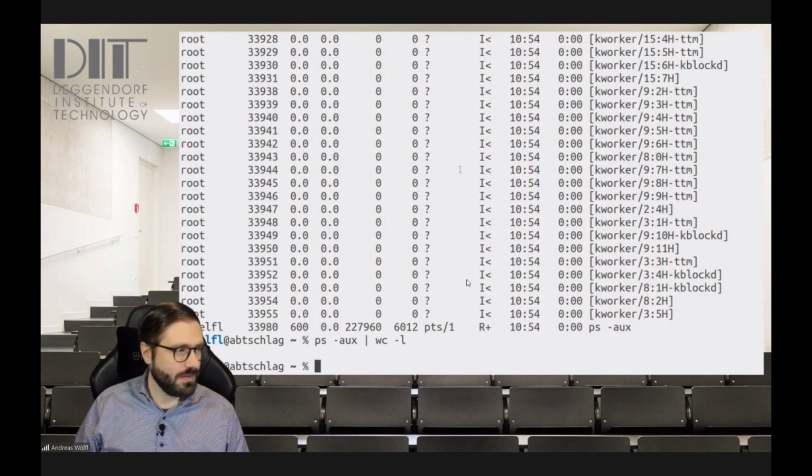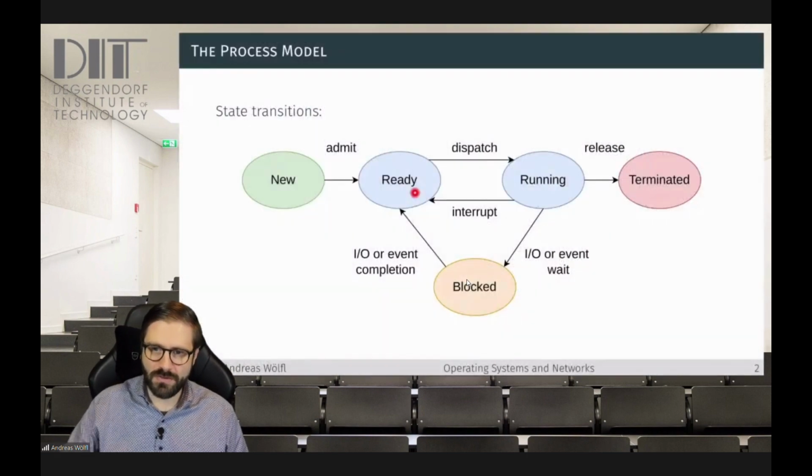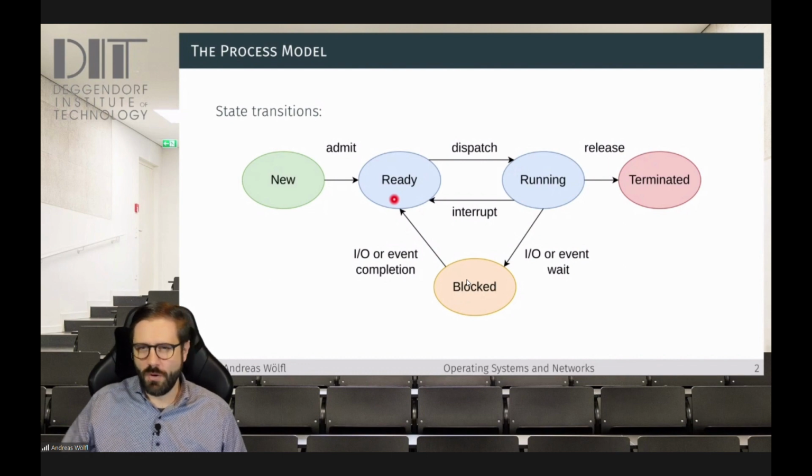But we do not have 525 CPUs in our system, meaning that processes are interrupted when they are running. So the operating system takes away the CPU from a process and then it goes back to the ready state again. The term for the operating system assigning a CPU to a process is this dispatching arrow here.